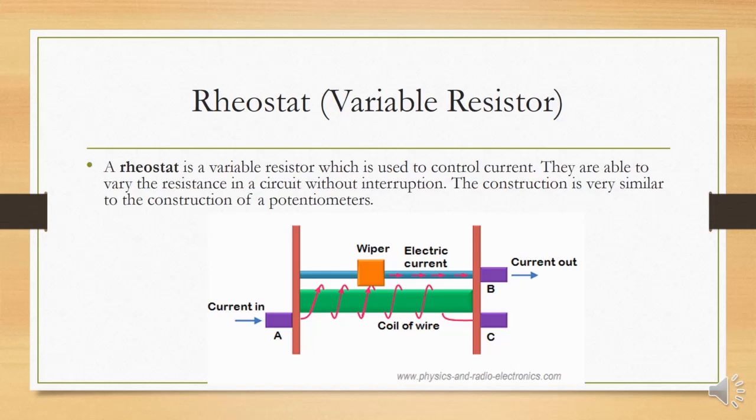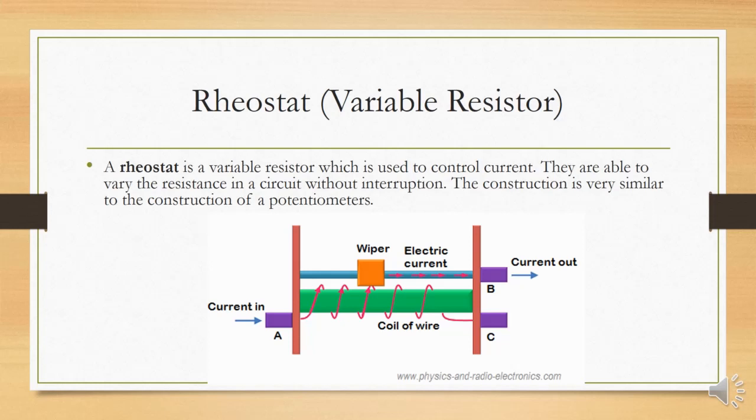When the orange pointer moves to the right, it means the length of the wire is increasing, because we take the length of the wire for the resistance from point A to the orange contact. So the resistance will be increasing, because the cross sectional area and the resistivity remain the same.